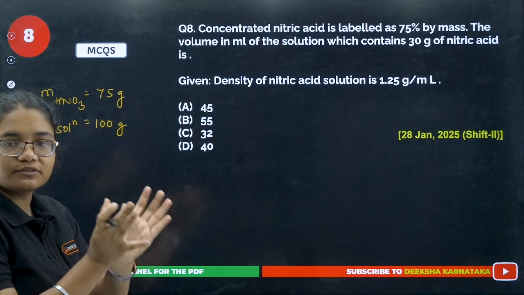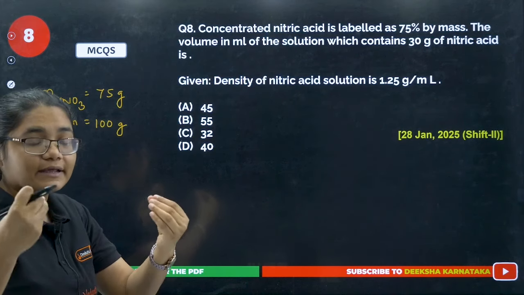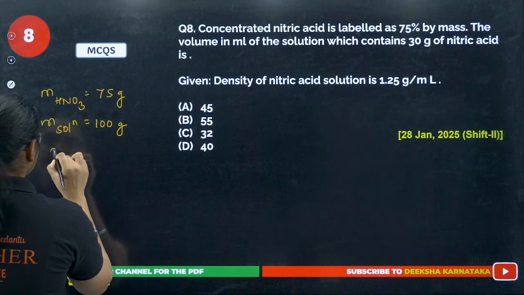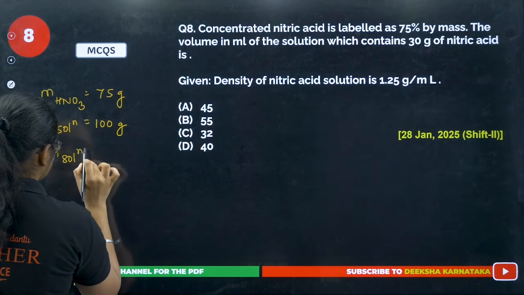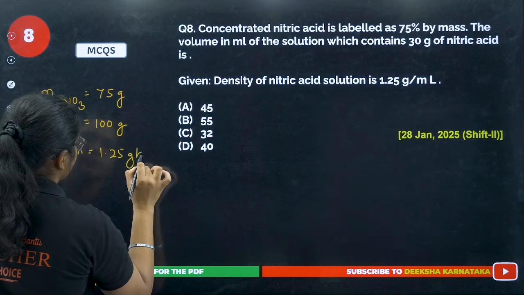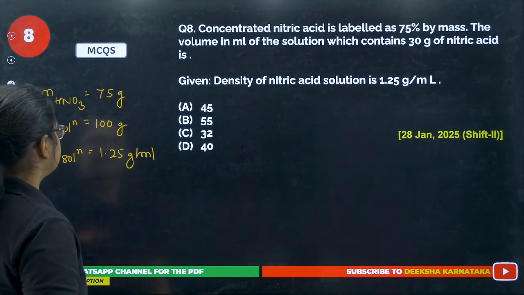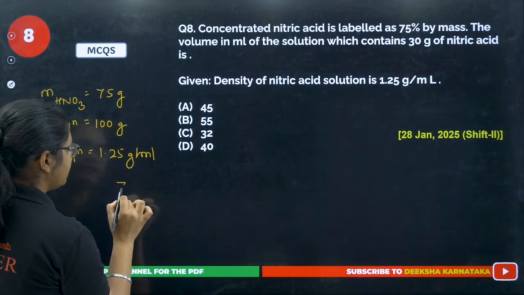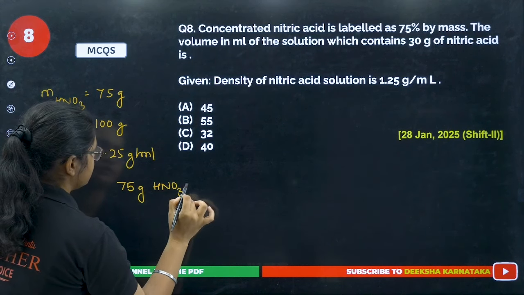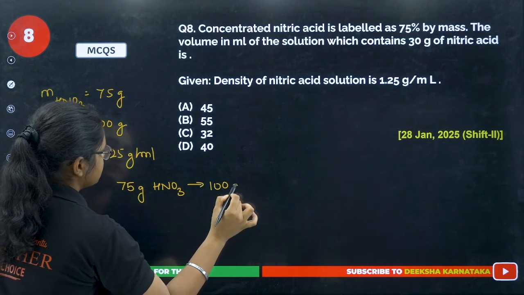So how much volume of the solution will contain 30 gram of nitric acid? The density of the solution is given to me as 1.25 grams per ml. So now what I can say is, for 75 gram of nitric acid, what is the mass of the solution? 100 gram is the mass of the solution.